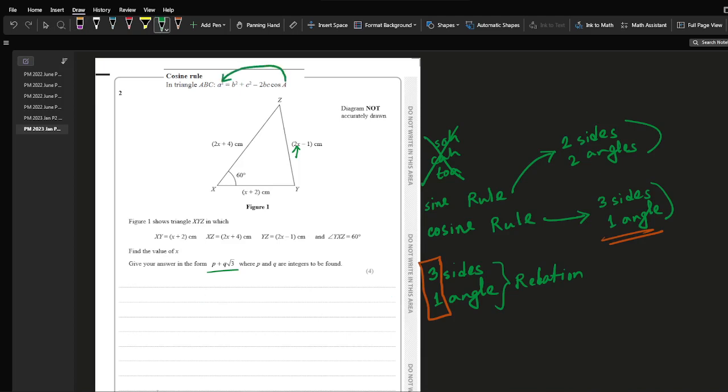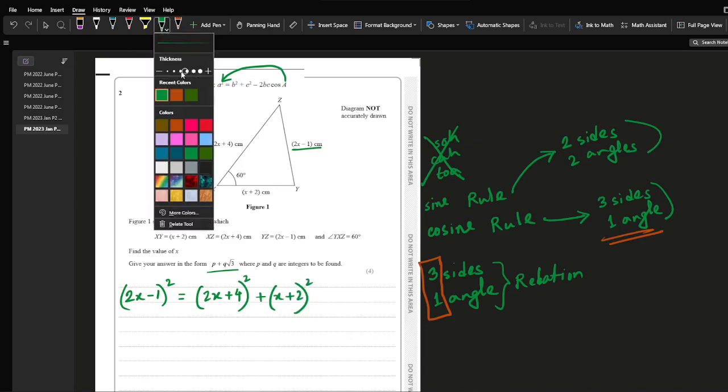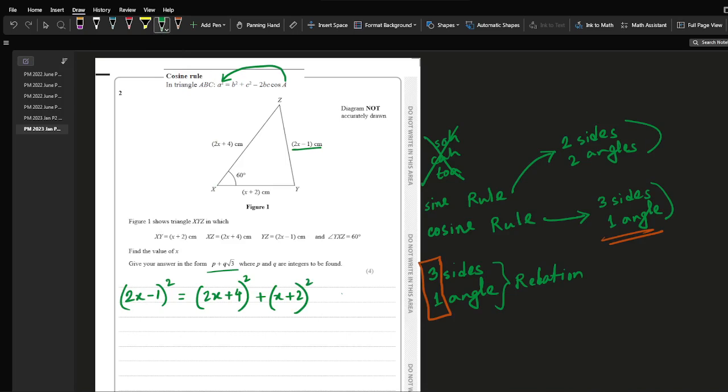In our case, the opposite side of the angle given is 2x minus 1. 2x minus 1 whole squared is equal to the remaining two sides, which are 2x plus 4 whole squared plus x plus 2 whole squared, minus 2bc.